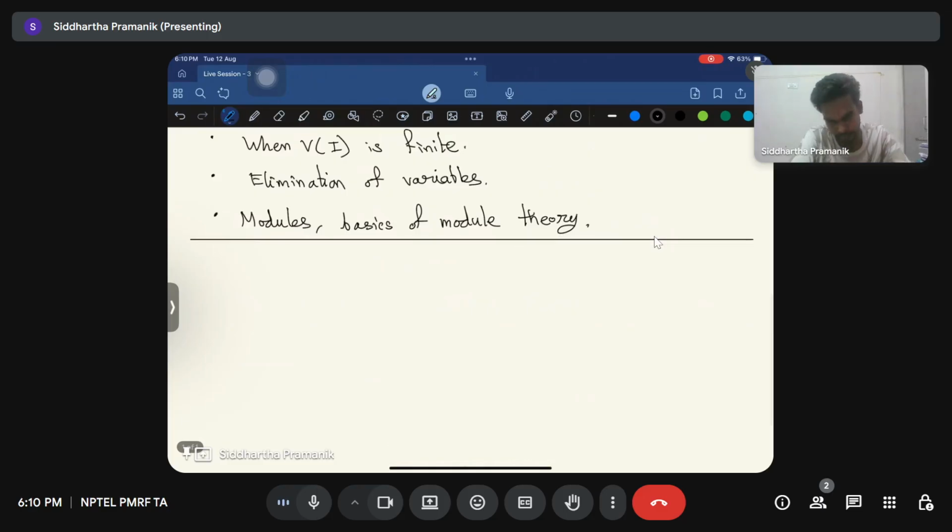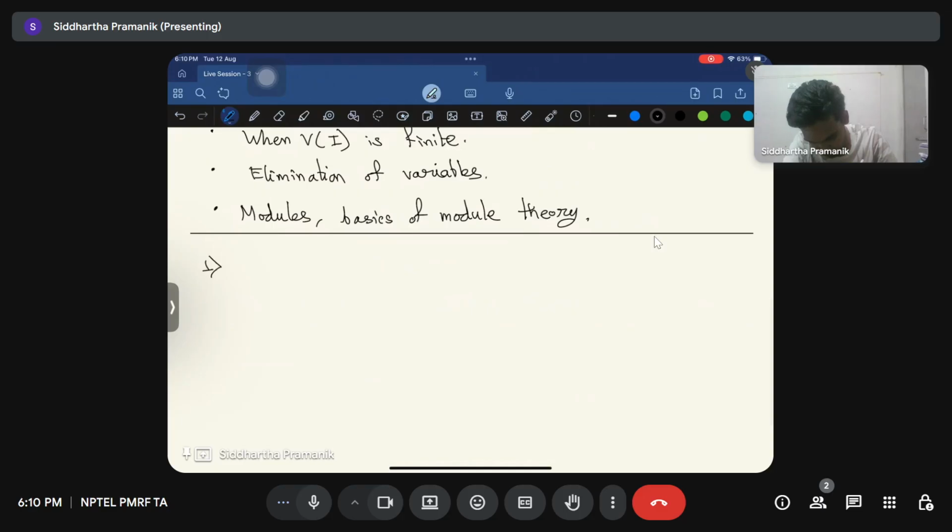Okay, so the first problem is basically from the practice problem sheet.